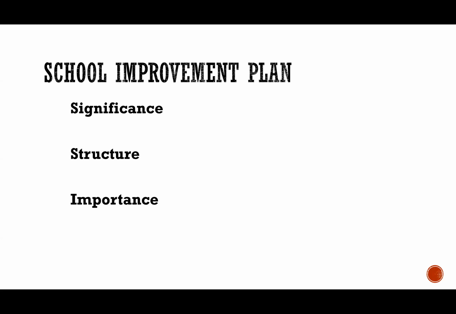Let's ask ourselves the question about the structure of the SIP, which is the second point. How should it look like? What are the non-negotiables that have to be there when we are constructing an efficient, effective SIP? So an effective SIP includes key steps and methods of implementation.